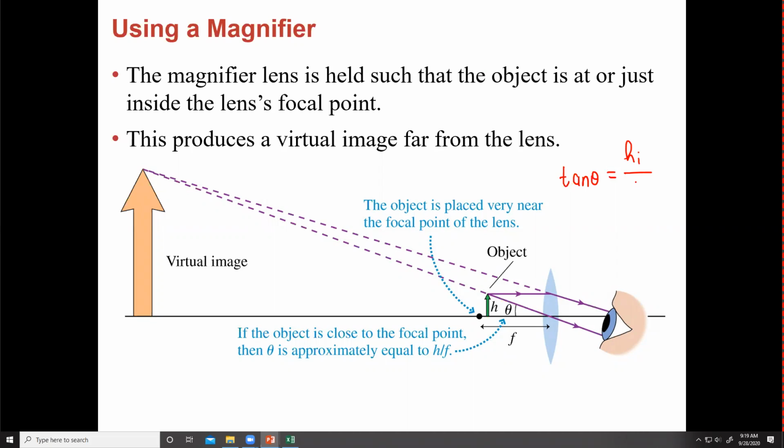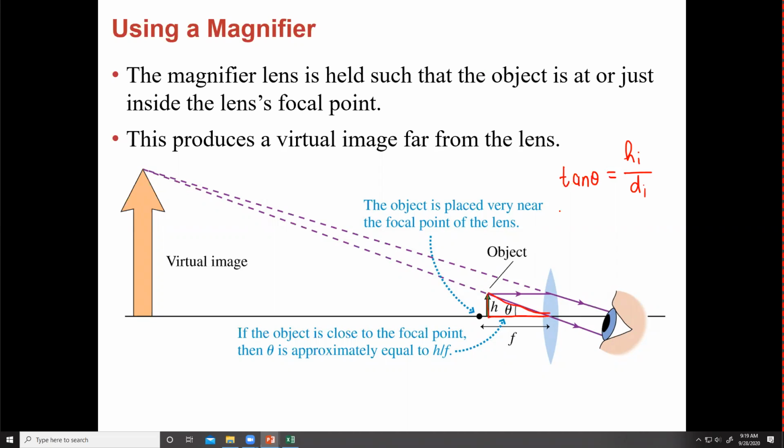You can call it D. So that's tan theta. Or you can also use this small triangle. It would also give the same tan theta.